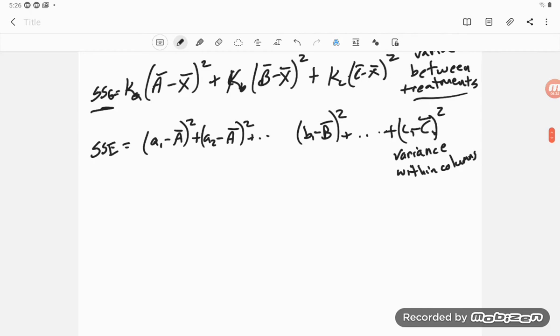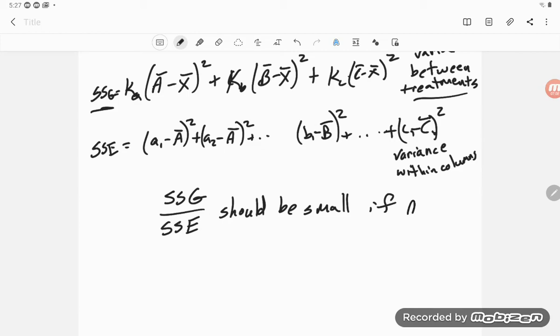Now, what's the case? If you look at the ratio, and it's a weighted ratio, but for now, again, this isn't exactly the ratio we look at, but generally speaking, this should be small if A bar equals B bar equals C bar.